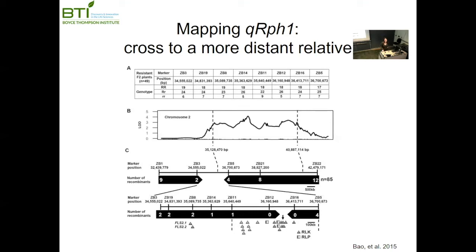Whenever you're doing something like this, if you don't have a reference genome for both of the parents, you don't really know what is in that segment. So it's possible that there could be genes in there that aren't in Heinz. All of these gene models we're predicting from the Heinz annotation.